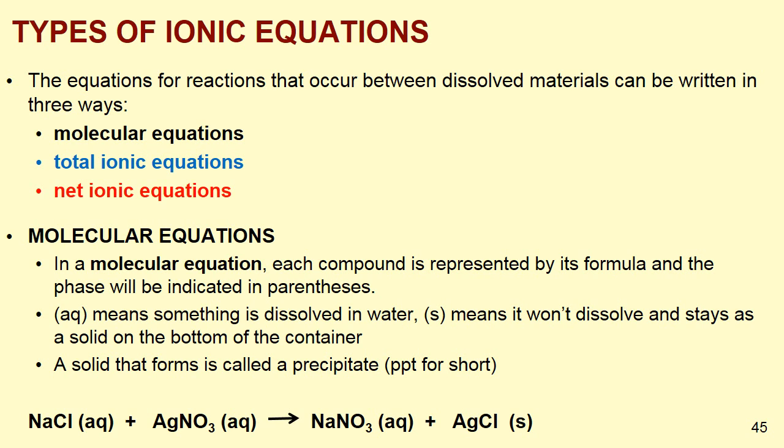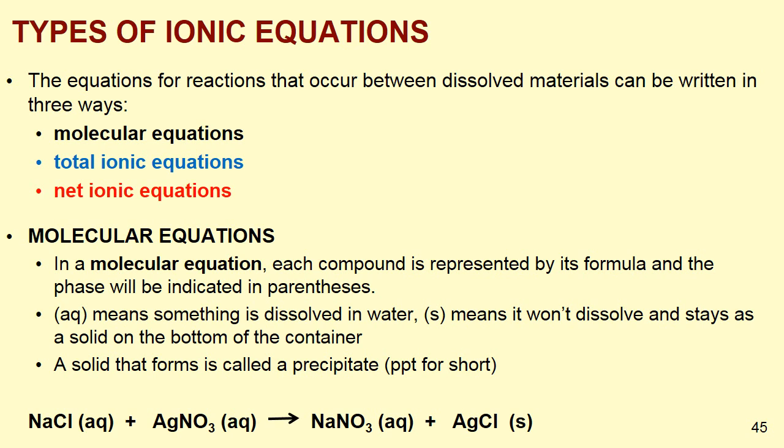But in this case, we've written it together, and the aq just indicates that they are separated and dissolved in water. Same thing with the AgNO3. The Ag plus is separated from the NO3 negative. It's aqueous, but we just keep it together as the molecular form, and the aq indicates that it's dissolved.